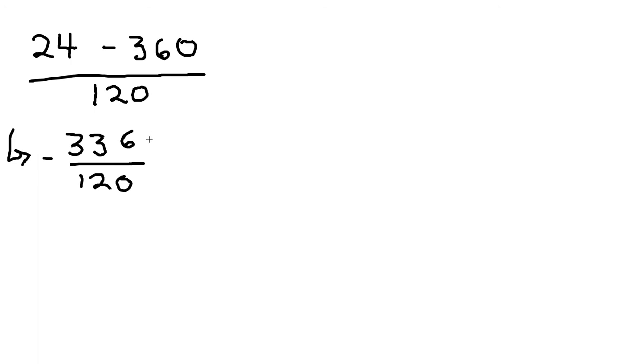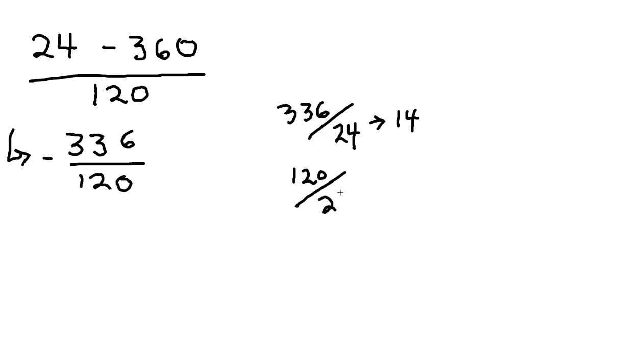In this case, if you divide 336 by 24, you get 14, and if you divide 120 by 24, you get 5. So if you bring that down, you will end up with 14 over 5. All right, so that's our final answer for the last one.